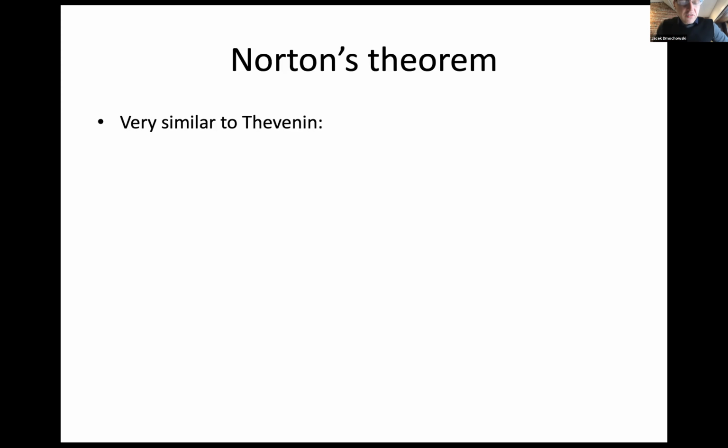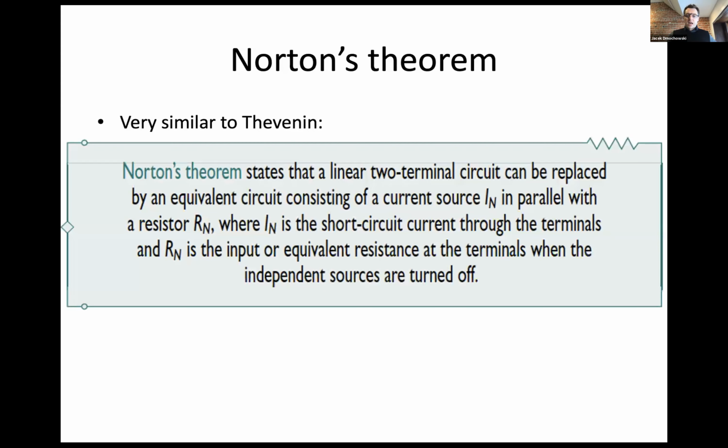Norton's theorem is very similar. Basically, the only difference is that instead of replacing the circuit with a battery in series with a resistor, you replace it with a current source in parallel with a resistor.